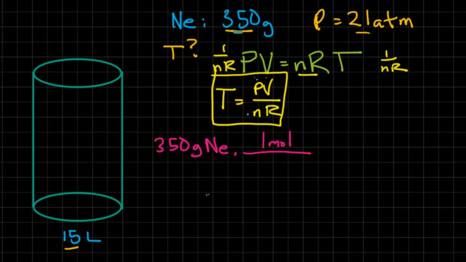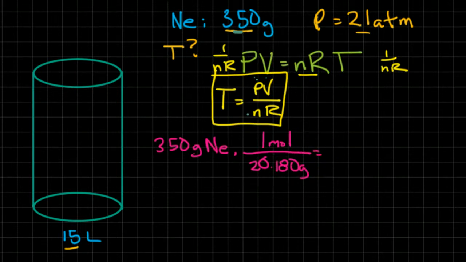It says it's equal to 20.180. I printed that too small. I've got to buy a poster. So 1 mole of neon has 20.180 grams. Okay, so let's do the math.